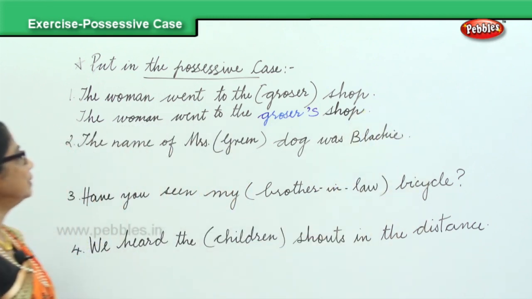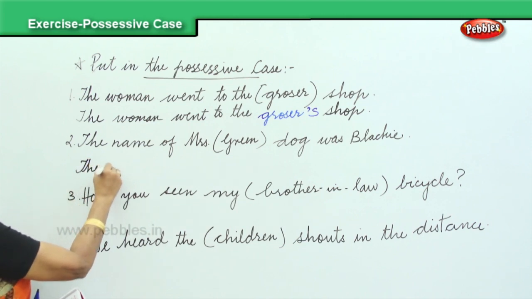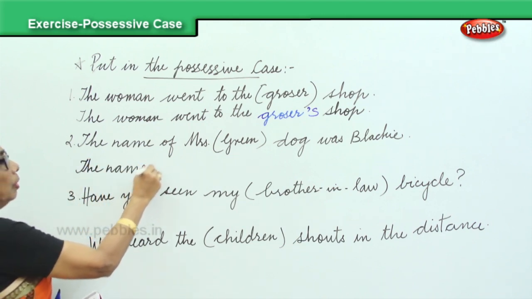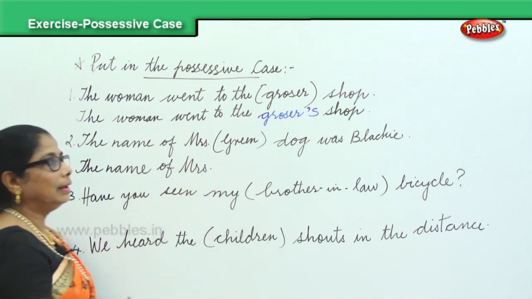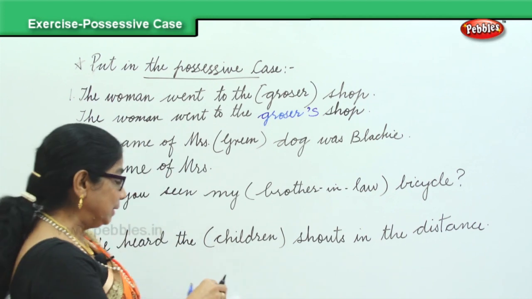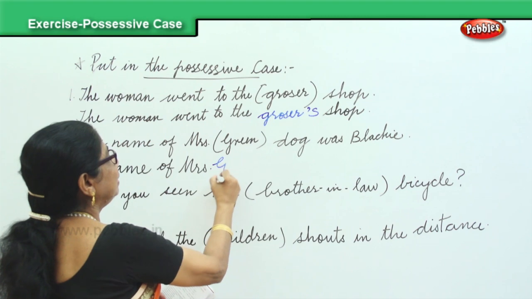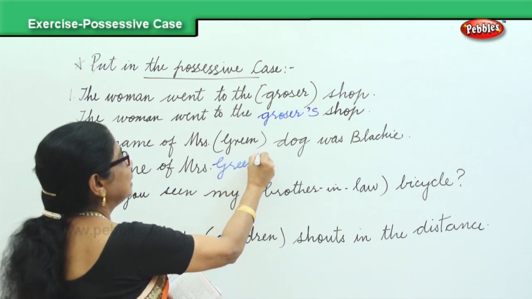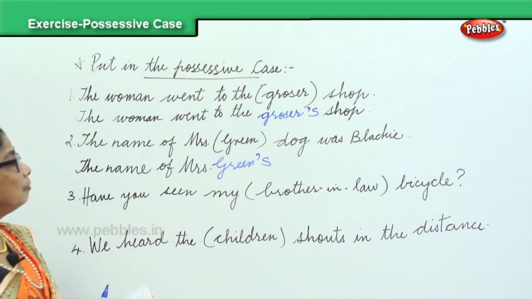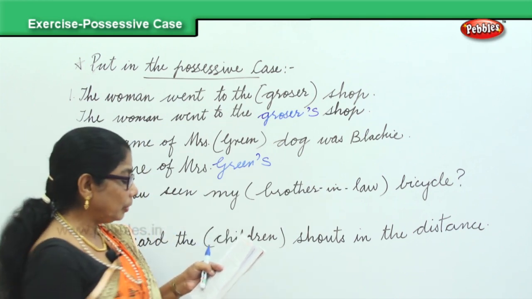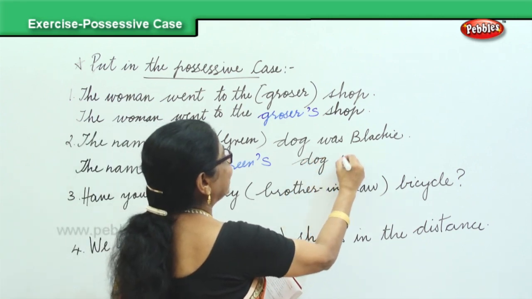Next one we have is, the name of Mrs. Green dog. Mrs. Green, so you will write Mrs. Green's dog. The name of Mrs. Green's dog was Blackie.